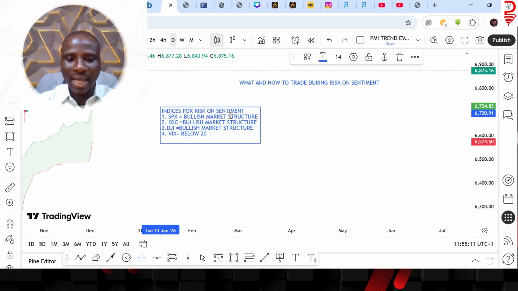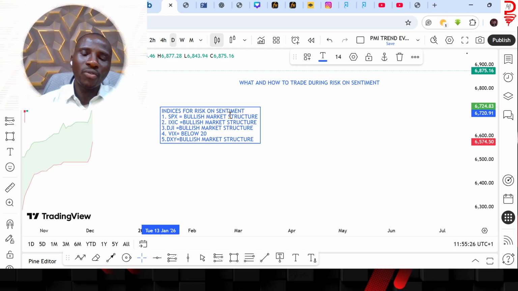And lastly, you must ensure that the DXY also has a bullish market structure. You know, and this is also expected to be above the cloud.